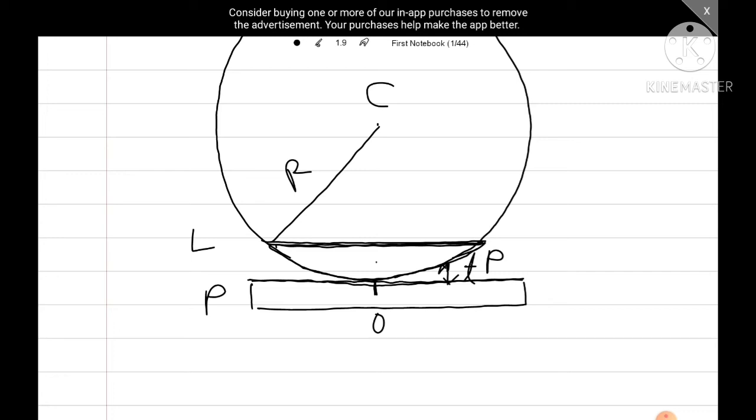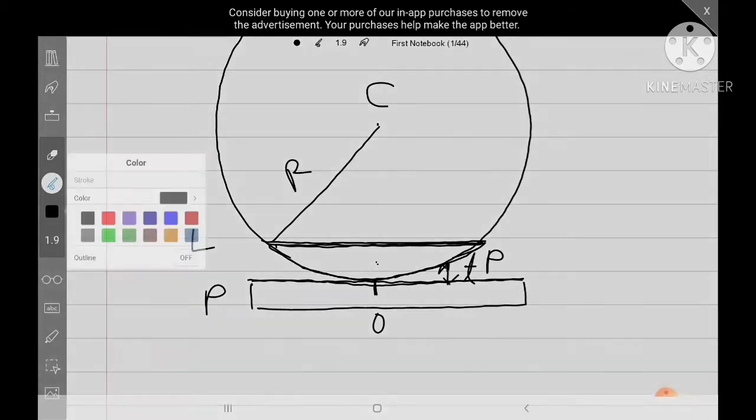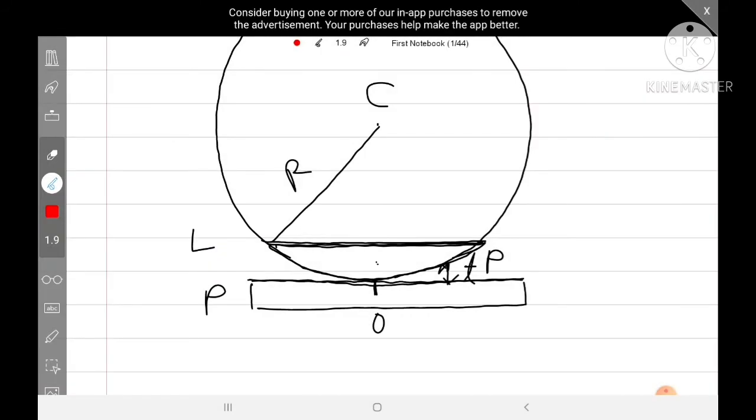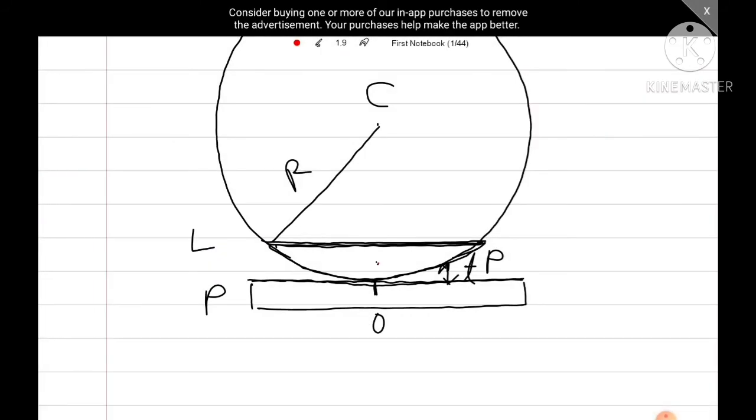and here the nth ring is formed. The nth ring means it may be bright or dark also. Suppose the radius of this ring is Rn.